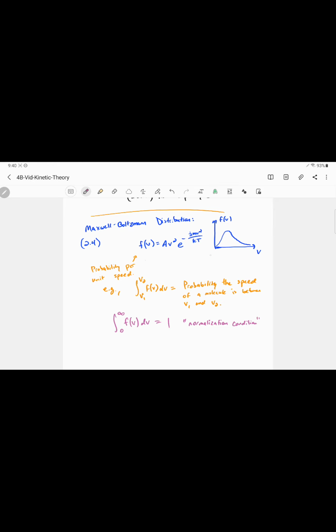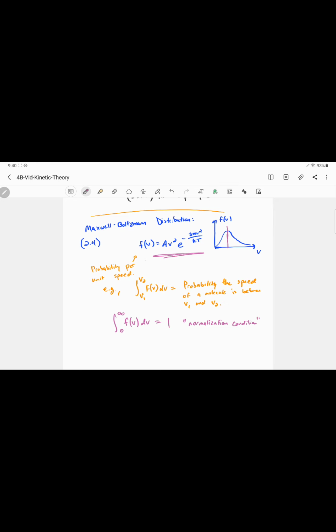So if you plot it, this function looks like this. And yeah, on your homework, you're going to do a lot with this. And we give you some tricks, some hints with how to do integrals of functions like this. So you're going to explore this would be the most probable speed.